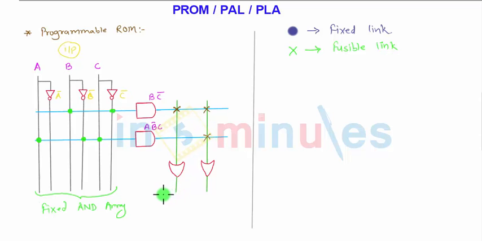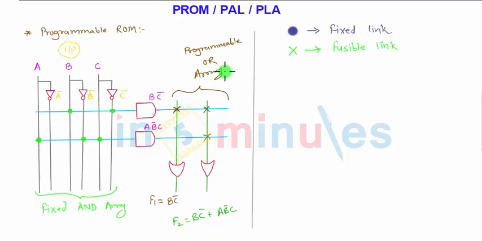Means if I say this is function 1, F1 will be equal to only BC bar, whereas F2, function 2, this section, that is the OR array, this and this, because both the links are attached with the fusible link, that's why F2 will be equal to BC bar plus A B bar C. So this is the final equation. This kind of structure is used here, which consists of only crosses or the fusible links. It is called a programmable OR array.